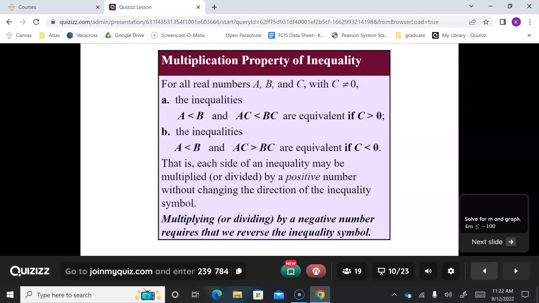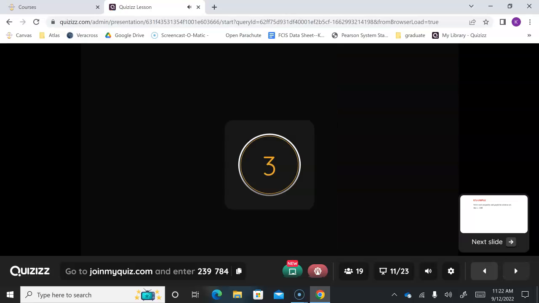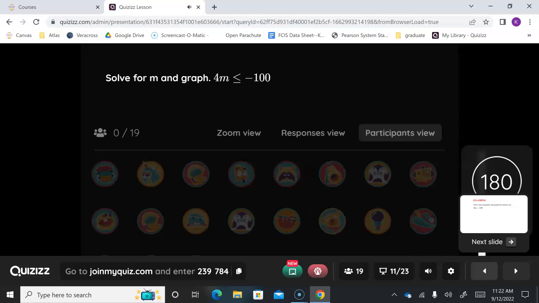So whatever value we're multiplying or dividing by, if it's negative, we then have to flip the inequality after we do that division or multiplication. Okay, so go ahead and graph 4m is greater than or equal to negative 100. Solve and graph it.